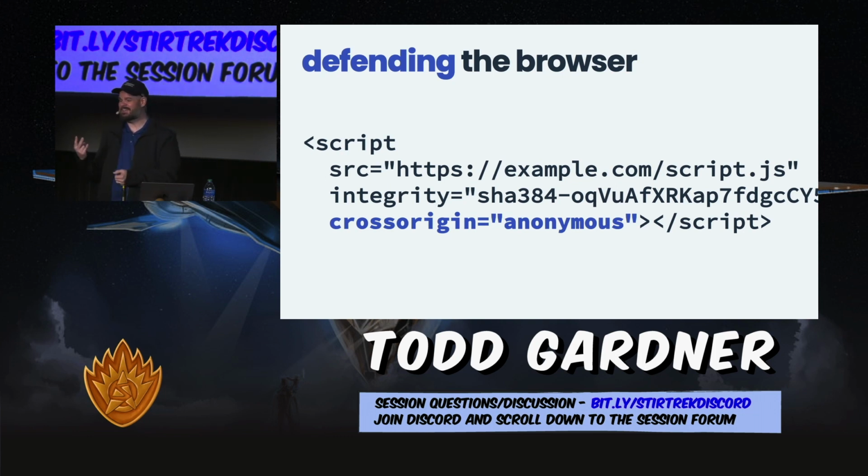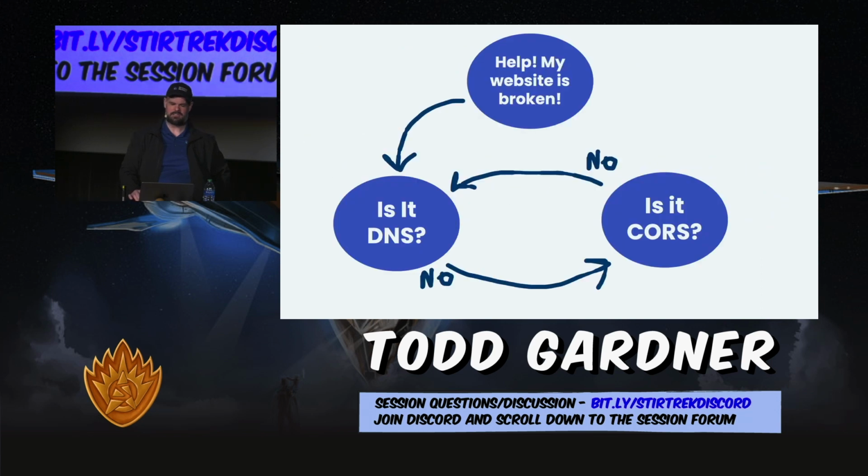But the second thing is that it requires the CORS headers, the cross-origin resource sharing headers, which is why you have to decorate it with this cross-origin anonymous thing. And for those of you who are web developers in the room, when I said CORS, your blood pressure went up a little bit. I made this handy flowchart for debugging websites.